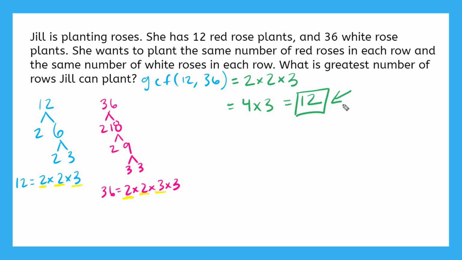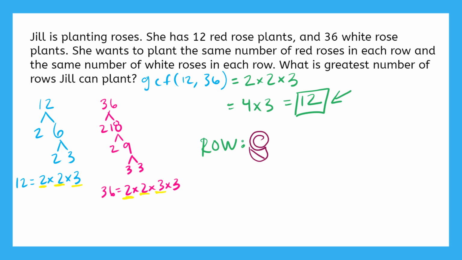So what would one row look like? Here's an example of one row. How many red roses will be in one row? Well, if she has 12 rose plants and she's putting those 12 roses into 12 rows, each row will have 1 red rose.